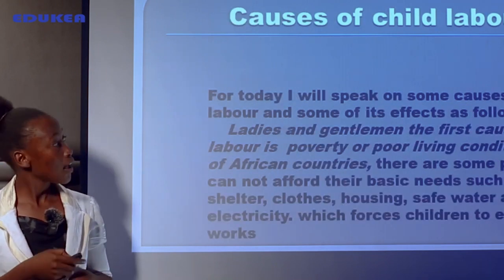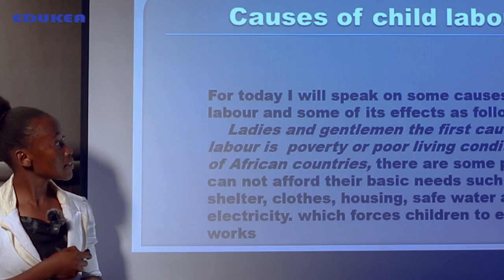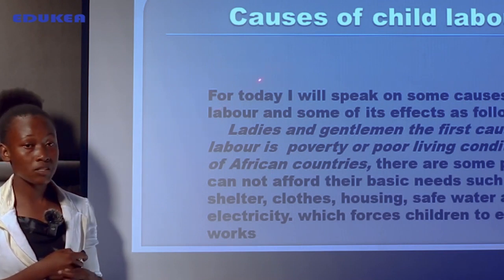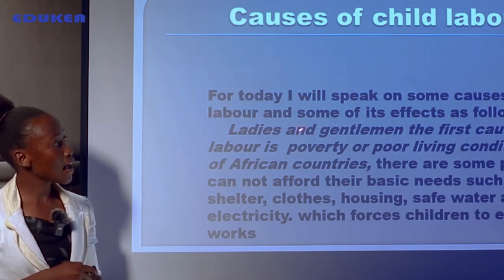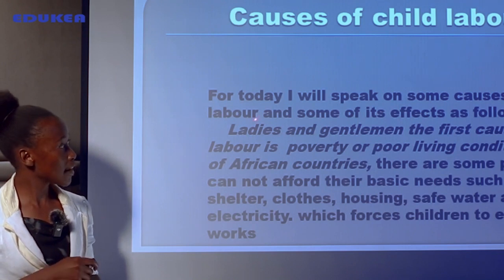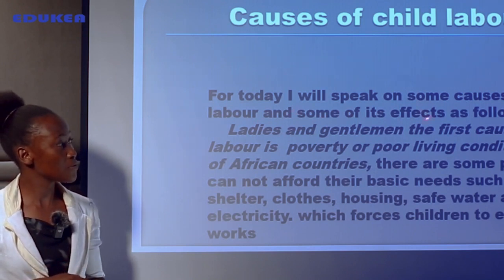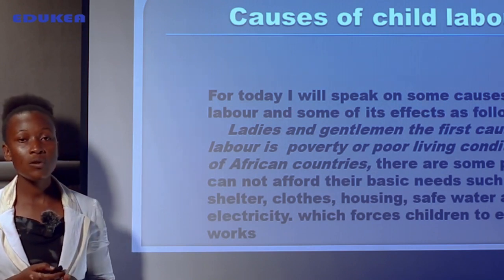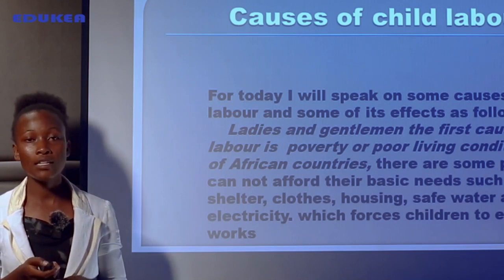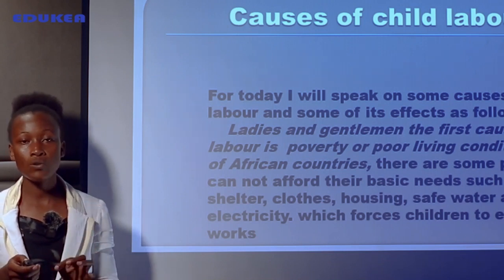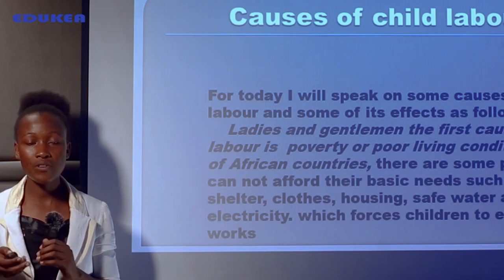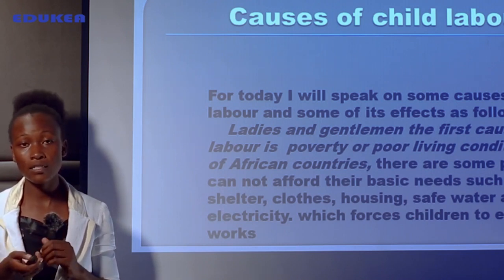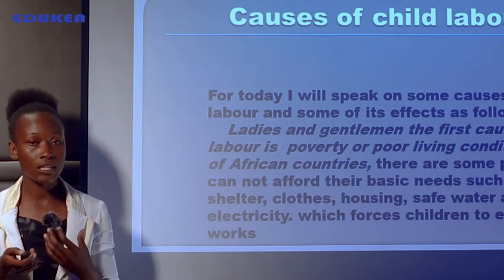Here the speech continues. For today, I will speak on some causes of child labor and some of its effects as follows. So here you make the audience aware that you are going to talk about causes. If it is effects, you tell them that I'm going to talk about effects of child labor.